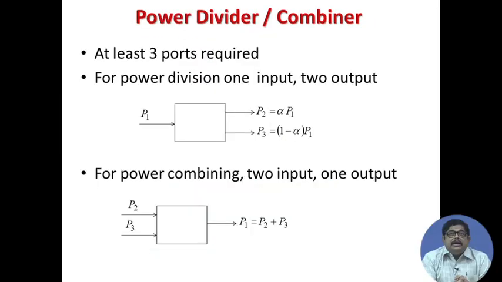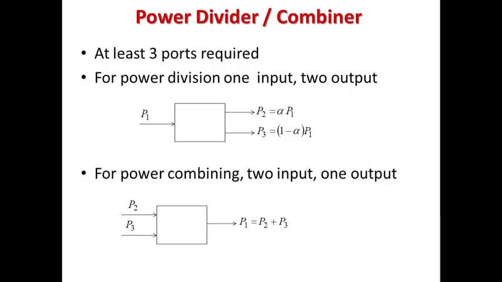Now, first see that in circuits, we need to either divide the power. Suppose I have a main power line, and from that I want distribution of power lines, as you see in your day to day activities, that low frequency electrical power gets divided into various branches.